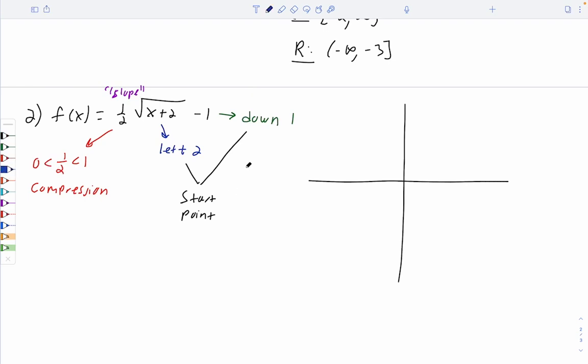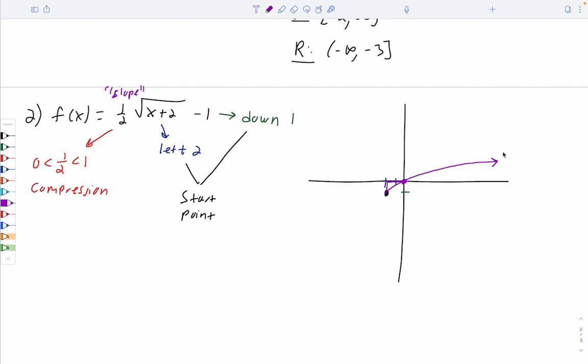Start at the origin, go left 2, and then down 1, and that is my starting point for this graph. Then you can use this A value of 1/2, so up 1, over 2, and that is your next point. And then just follow that basic shape. It goes to the point and then off to the side in a slow curve like that. And so that would be the graph of this function.